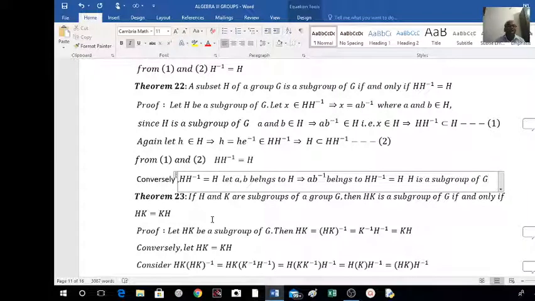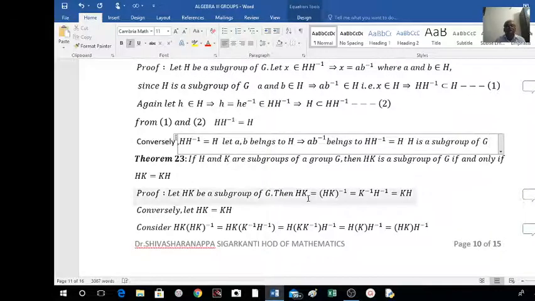Now to prove this theorem, first I will consider let HK be a subgroup of G. Then I have to prove that HK equal to KH. Now consider HK, can we write HK inverse here? Yes, because H is a subgroup, then H equal to H inverse, already we have proved.